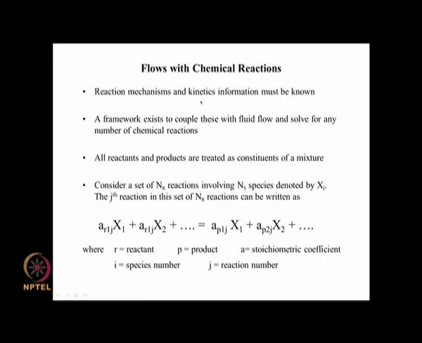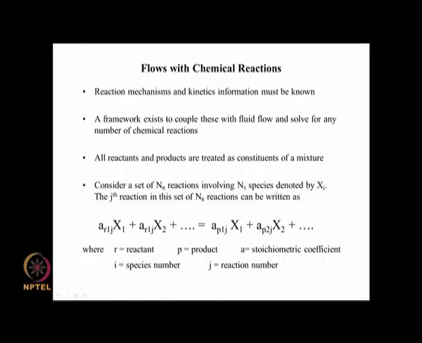Okay, so when you are looking at flows with chemical reaction, the reaction mechanisms and kinetics information must be known. These are part of the input. CFD cannot tell you what the reaction mechanism is. If you know the mechanism, then it may say, okay, because of the prevailing temperatures, this may be the rate of reaction as per the Arrhenius rate of reaction and all those kinds of things.